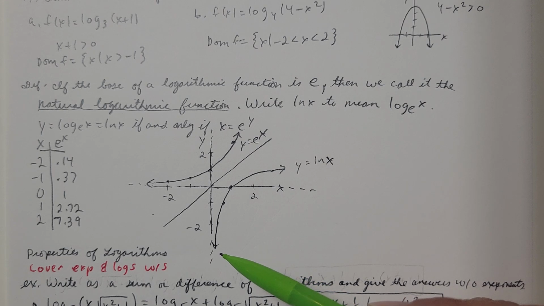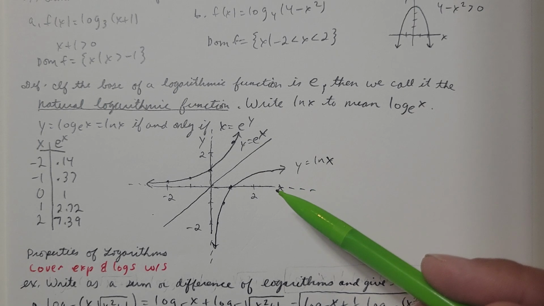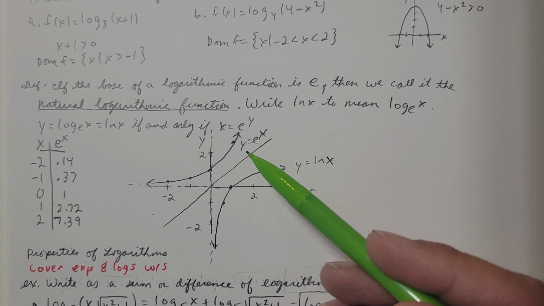So if I want to graph y equals the ln of x, which I do here, I'm going to have to graph the inverse function of y equals e to the x.